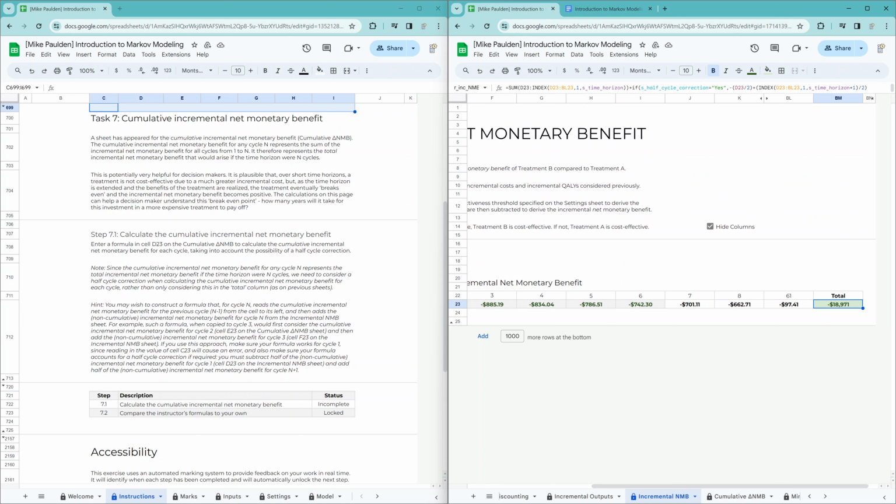So right now, given the costs of treatment A, the cost of treatment B, the costs of being in each state, the utility values, all the transition probabilities, all of this stuff, right now over the time horizon, we have a negative incremental net monetary benefit with treatment B, right? So that's not looking too good. So that's the end of task 6, and I'll see you in the next video for task 7.